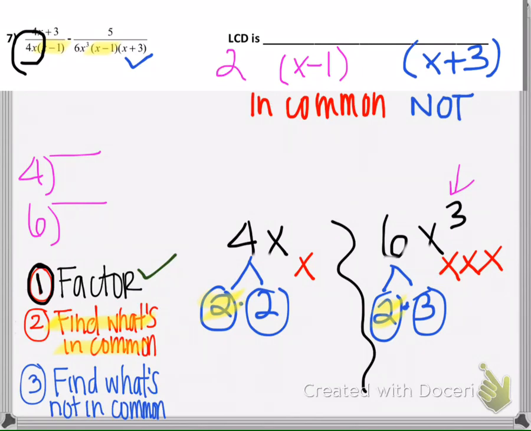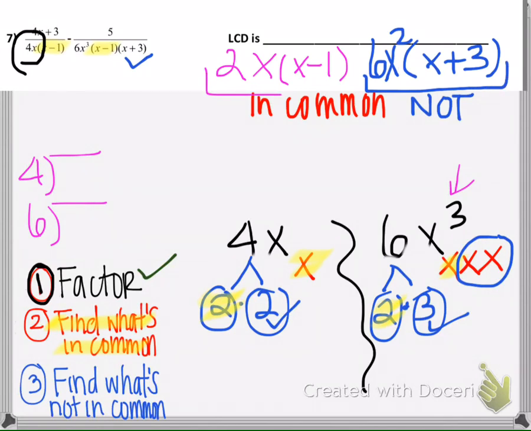And they each have an x. And now what's not in common? This 2 and this 3, so that would make 6. And these two x's here. Okay, so we have what's not in common with what's in common.